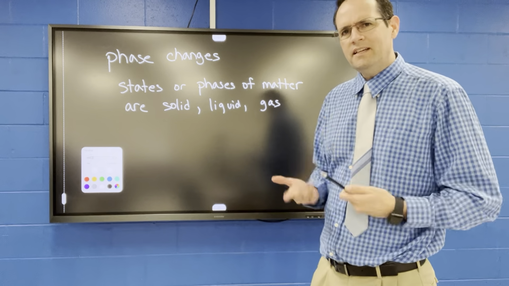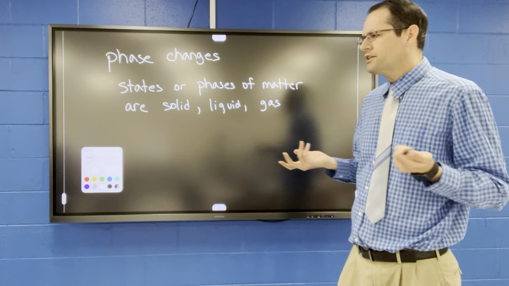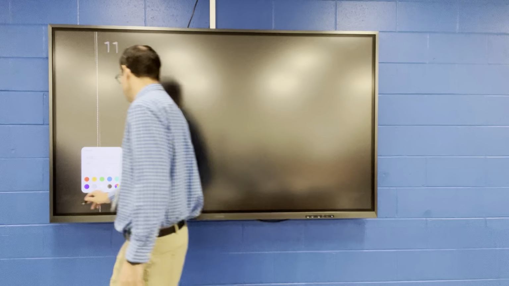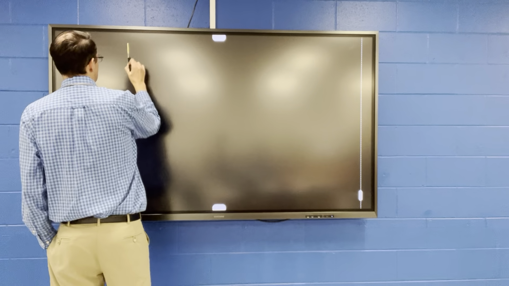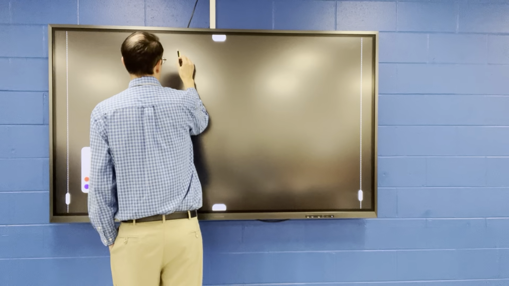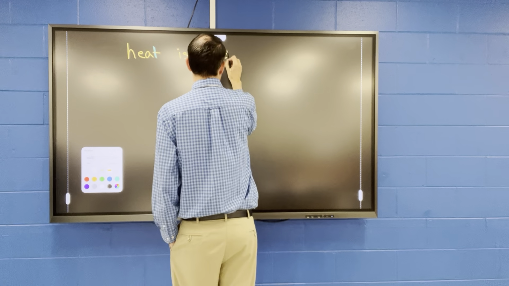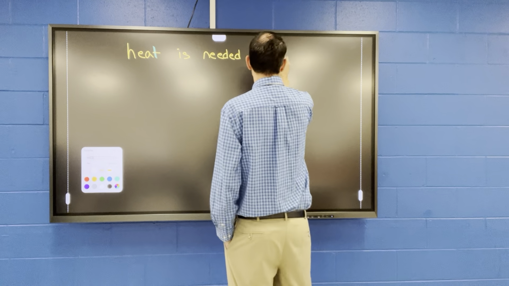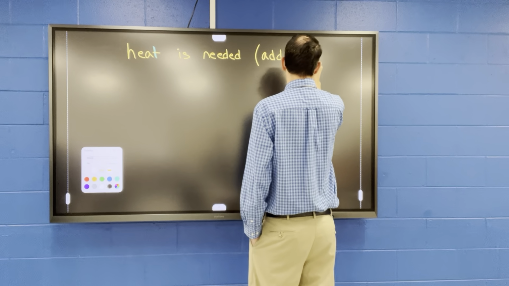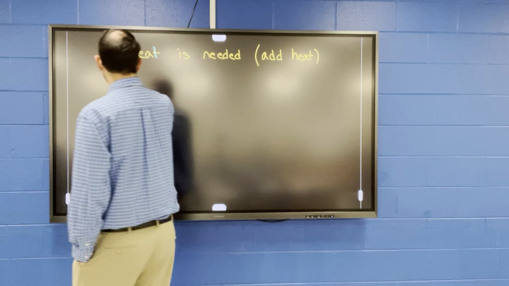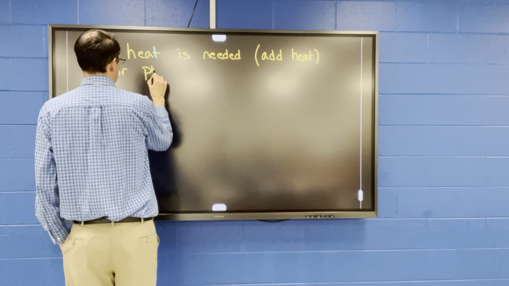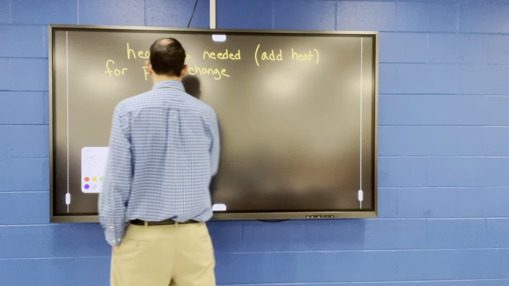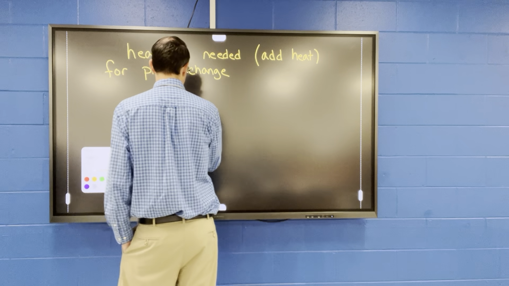Okay? Now, when a phase change occurs, the energy increases in the system because you have to add heat. Okay? Heat is needed. Okay? That means we add heat to the system for a phase change from solid to a liquid.